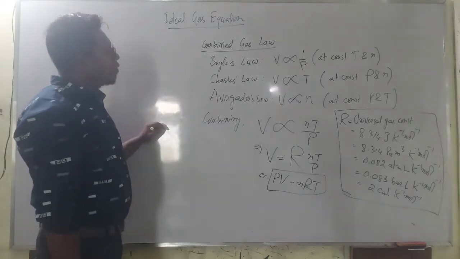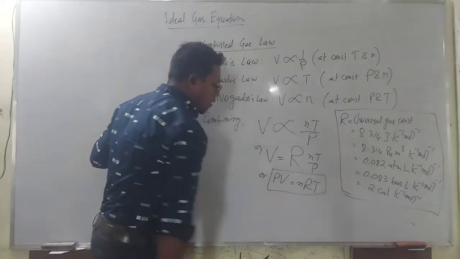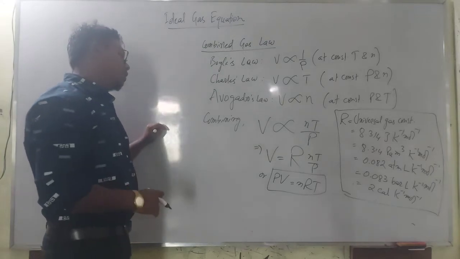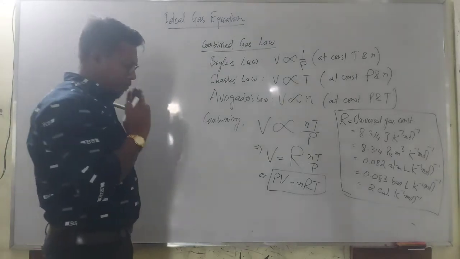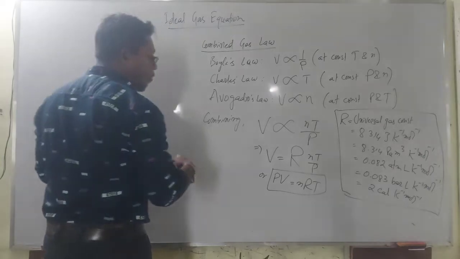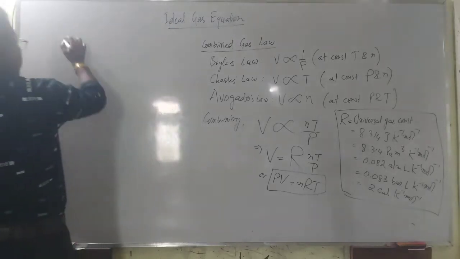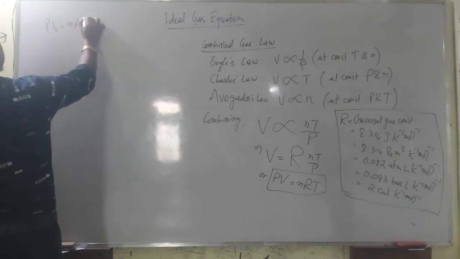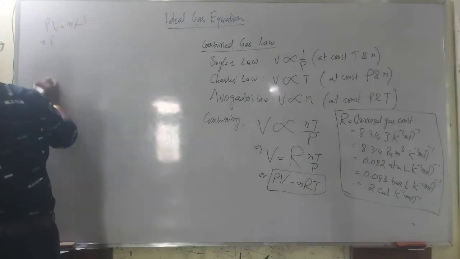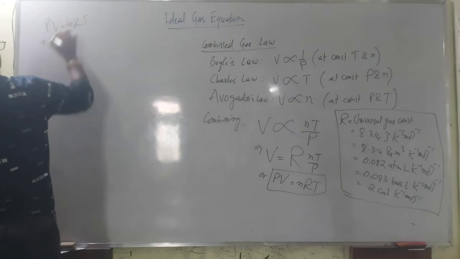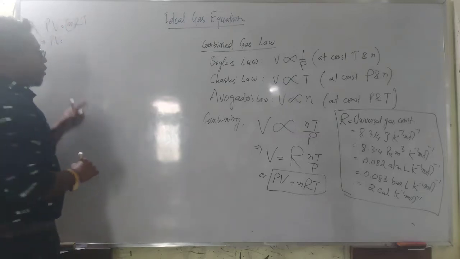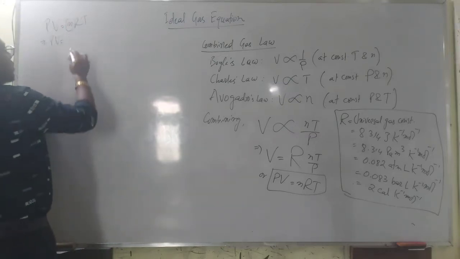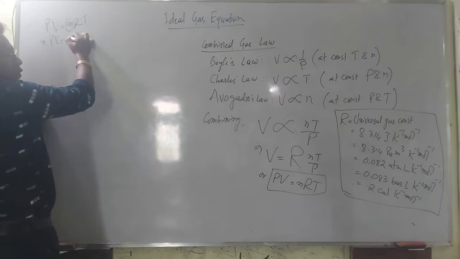Now from this ideal gas equation, we can write more relations, and more terms can be introduced here. Since PV is equal to nRT, I can write PV is equal to n, the number of moles. Number of moles is nothing but mass upon molar mass.